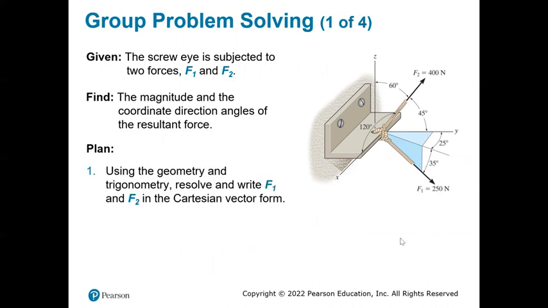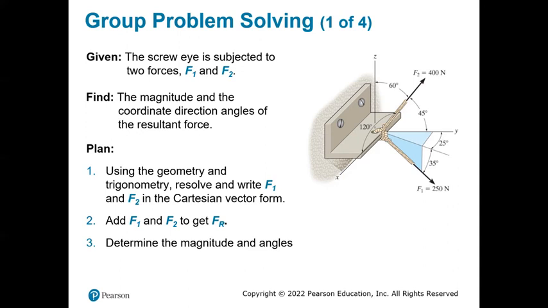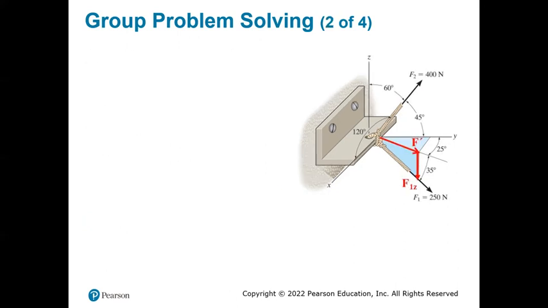So let's see the plan. You're going to use geometry and trigonometry to solve for F1 and F2 in the Cartesian vector form. Then you're going to add F1 and F2 to get your resultant. Then you're going to determine the magnitude and the angles alpha, beta, gamma of your resultant. So pause the video, then come back and do it.